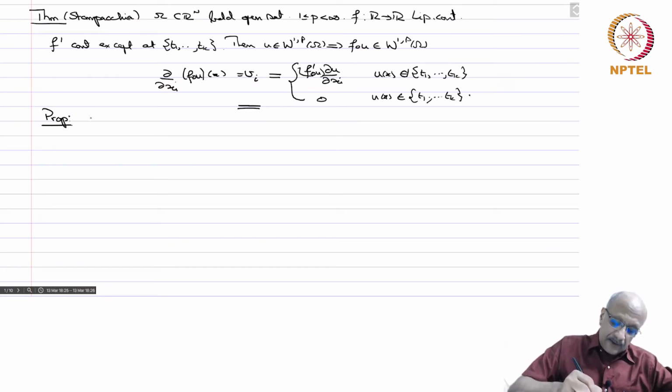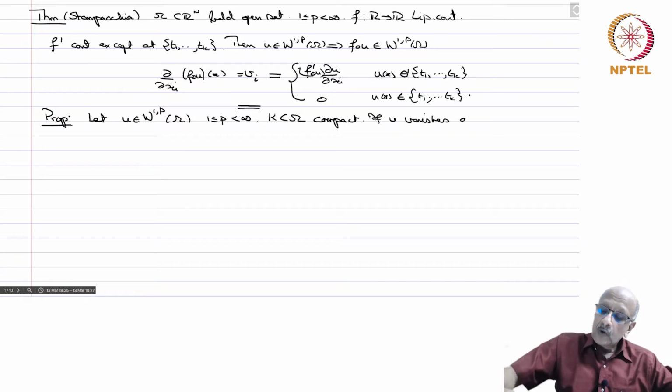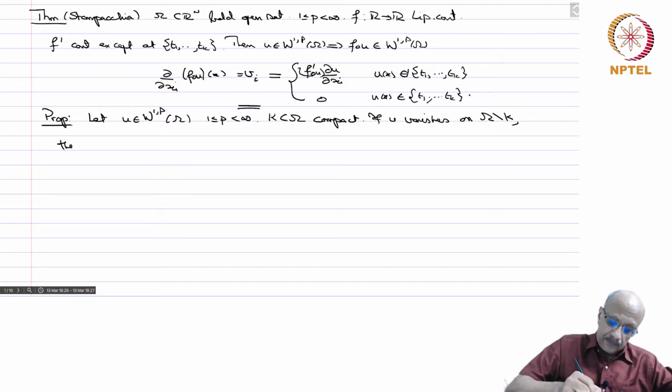Okay, so let u belong to W^{1,p}(Omega), 1 ≤ p < ∞, K contained in Omega compact, and if u vanishes on Omega minus K, then u is in W_0^{1,p}(Omega).